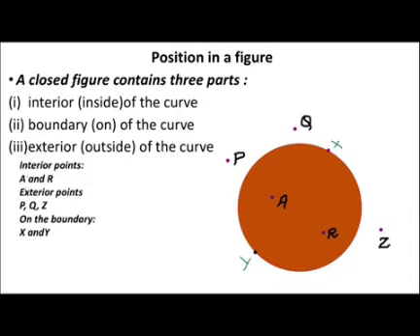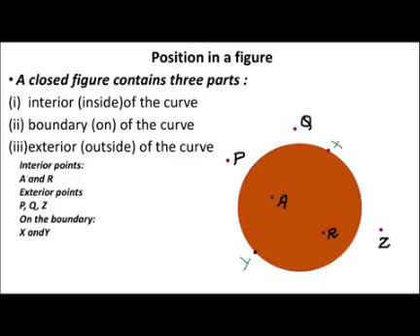Let's again repeat. Interior of the figure, boundary of the figure, and exterior of the figure. Here, since I've used a closed curve, we have mentioned it as interior of the curve, boundary of the curve, and exterior of the curve.